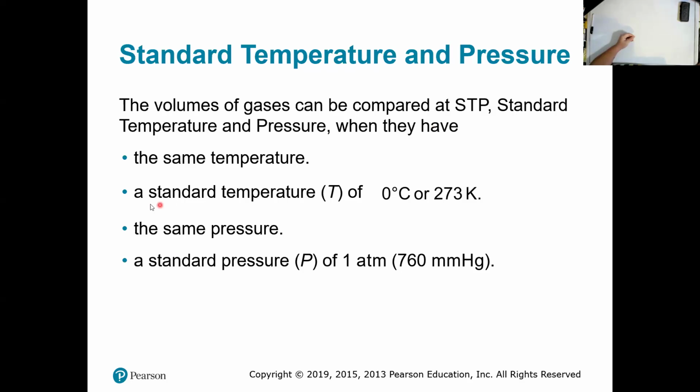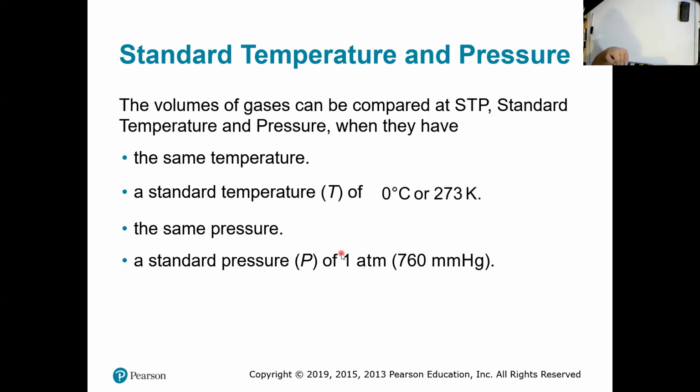So when we say that something is a standard temperature, we mean a temperature that is 0 degrees Celsius or 273 Kelvin. For standard pressure, we're looking at any pressure value that's equal to exactly 1 atmosphere.